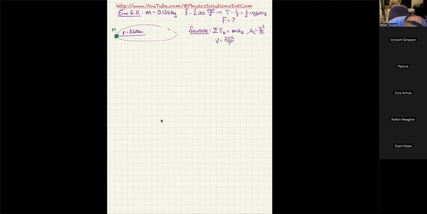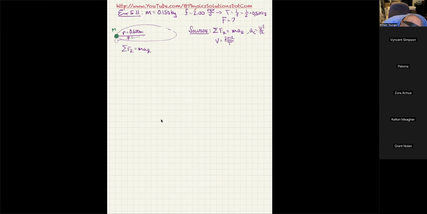And in reality, what's going to happen is the string is actually going to tilt downward by some angle phi, and then the ball is going to be here. But we're going to sort of ignore that right now. So the summation of the forces in the radial direction equals mass times acceleration in the radial direction is going to give us the following.